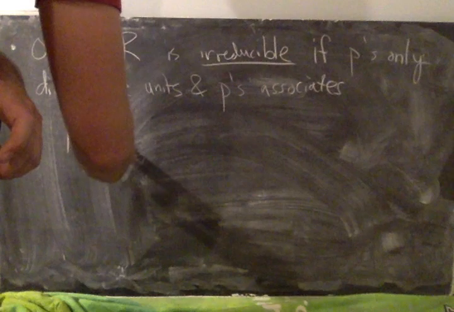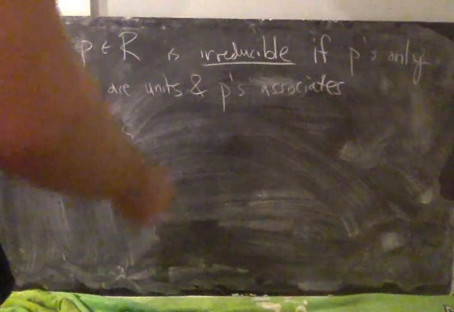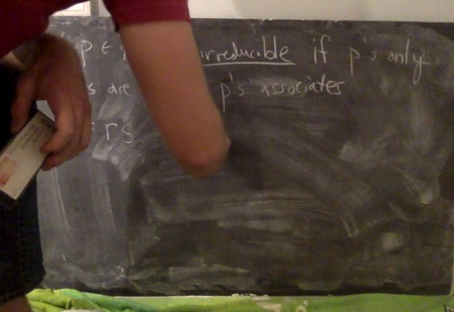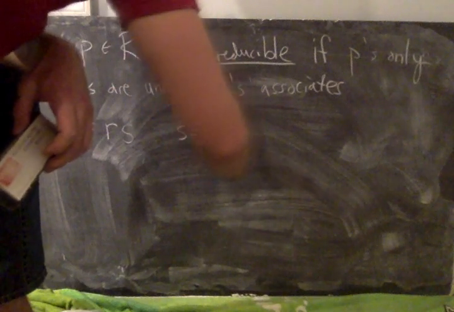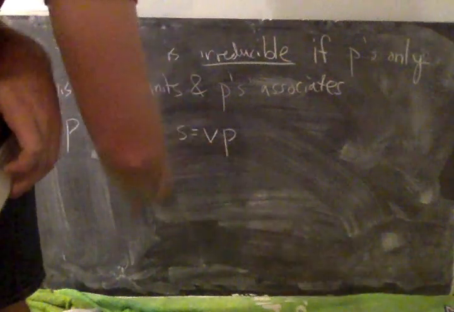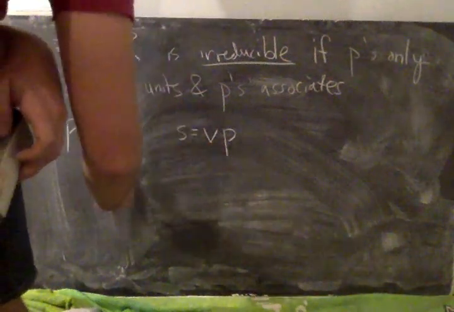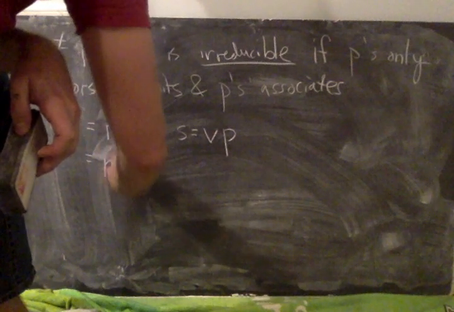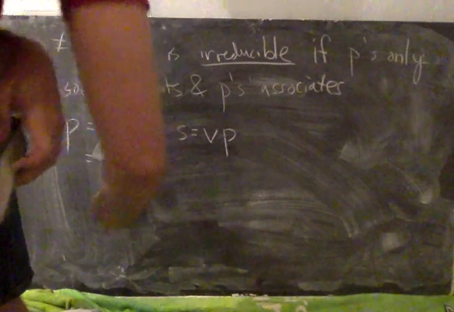And if one of these is an associate of p, so let's say s is equal to v times p, where v is a unit, then we would have p is equal to r times s, but that's r times vp, right?